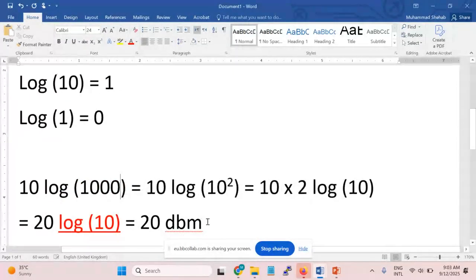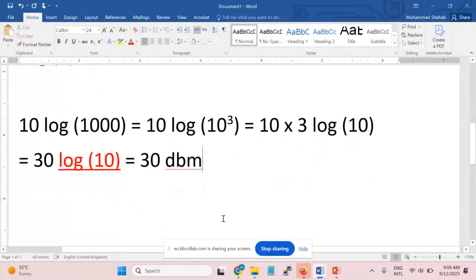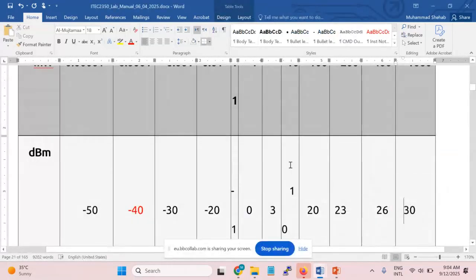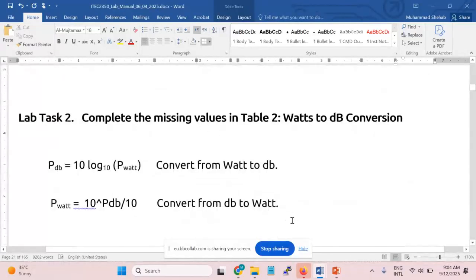Log of 1000 equals 10 log 10 power 3, equals 10 times 3 log 10, equals 30 log 10, equals 30 dBm. This is what I calculated here, 30 dBm.